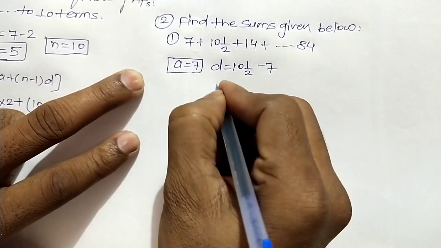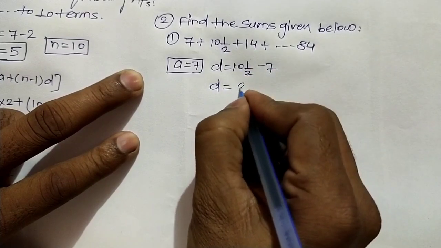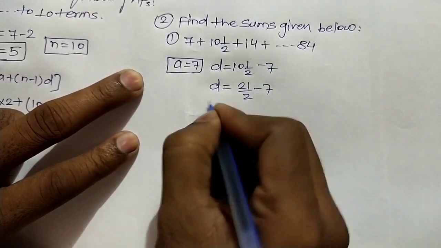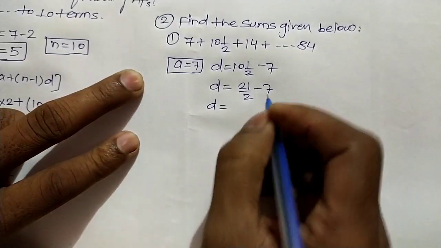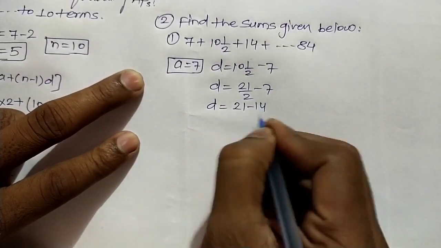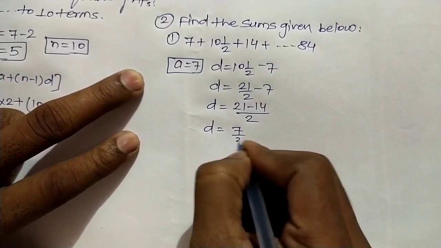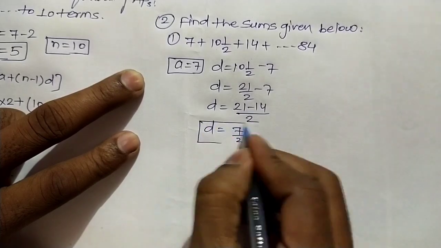Now we can solve. d equal to 21 upon 2 minus 7. 7 subtracted from 21 by 2 gives 21 minus 14 upon 2, which is 7 by 2. d equal to 7 by 2.